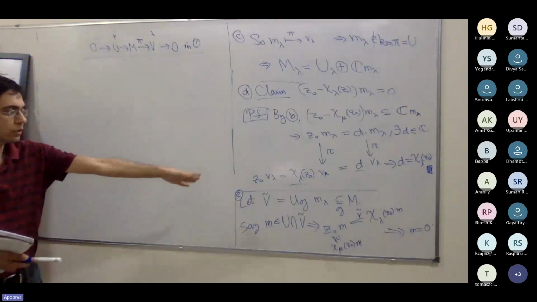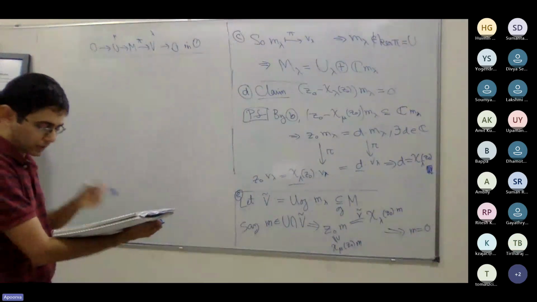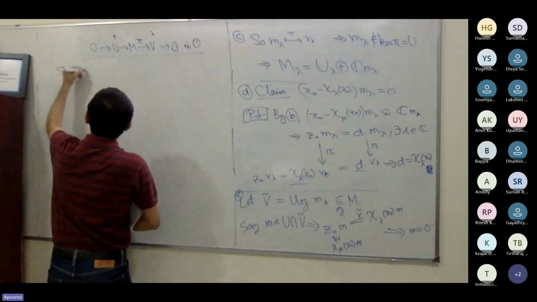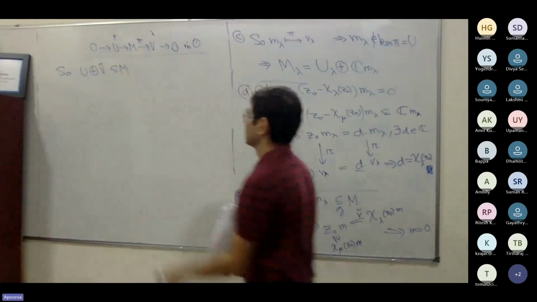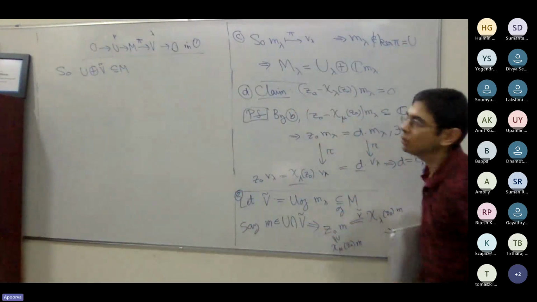So we have this module V tilde, which I claim is going to be the complement. Now let's look at these characters. U direct sum V tilde is contained in M because V tilde is a submodule of M, U is a submodule of M, and the intersection is 0.